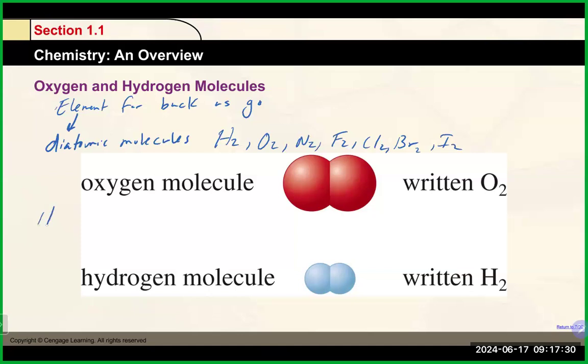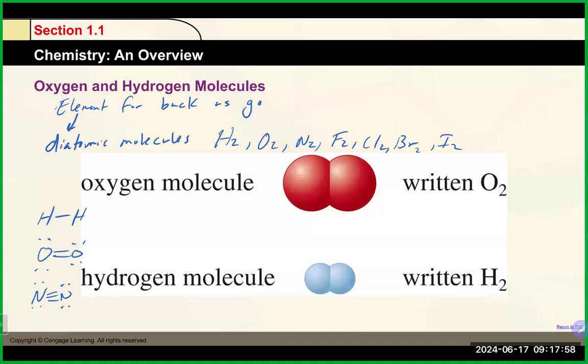So if you have a hydrogen, it comes two of them together. If you have an oxygen, two of them together. You have a nitrogen, two of them together. And these are all considered elements. Pretty much all the other elements come as monoatomic, which means they come as ones. So they all come as one, as they naturally are uncombined.